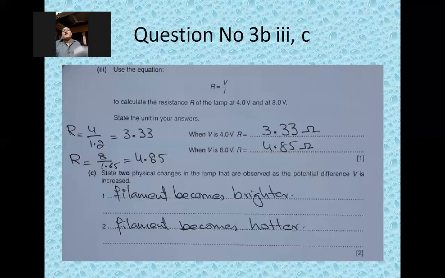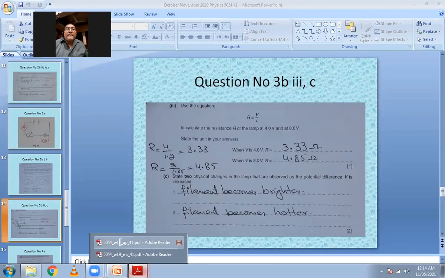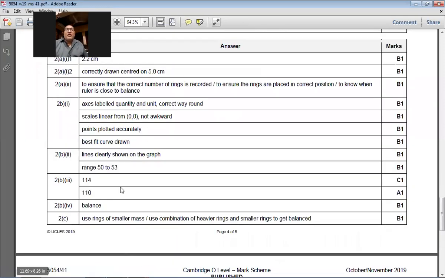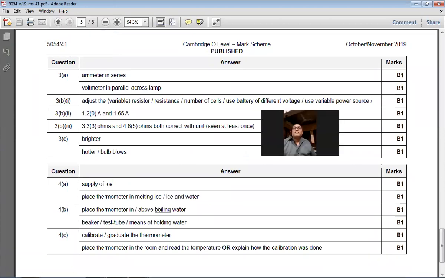So my dear students, that was question number 3. So let's have a look at the marking scheme. Question number 3 is showing up on your screen. You can pause the video and have your time with this marking scheme.